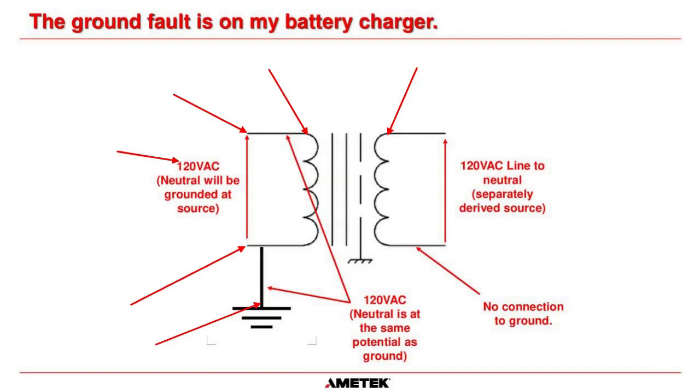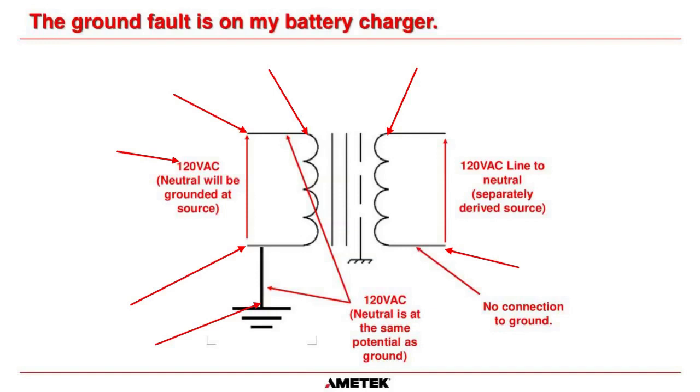The secondary is classed as a separately derived source. And what that means is it has no electrical connection to the input, the primary. So this neutral down here has absolutely no connection to ground whatsoever. Okay, it's floating.